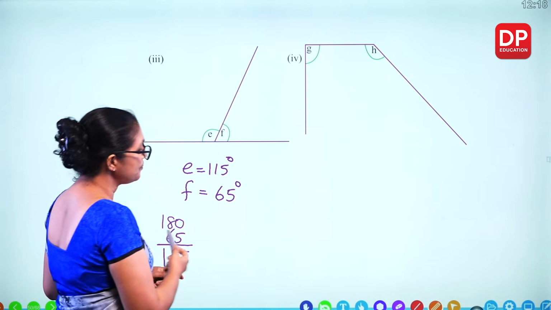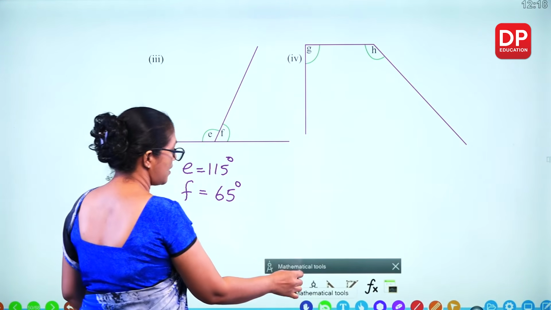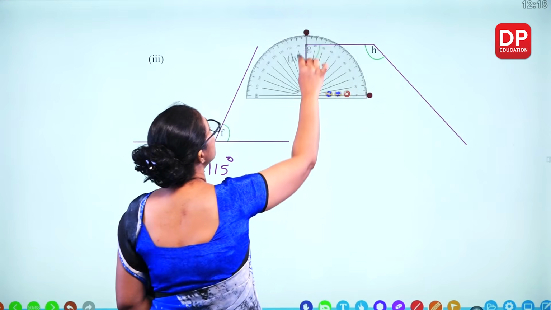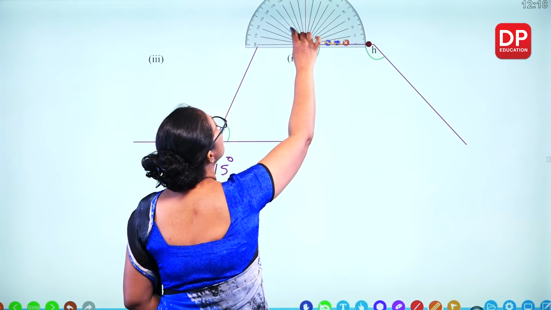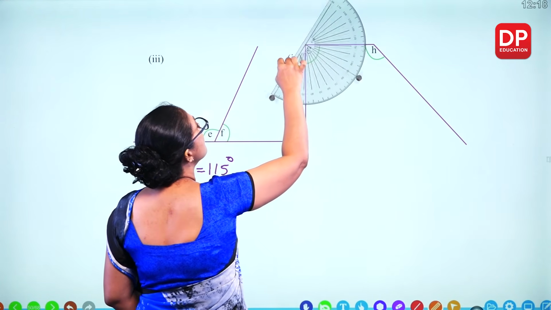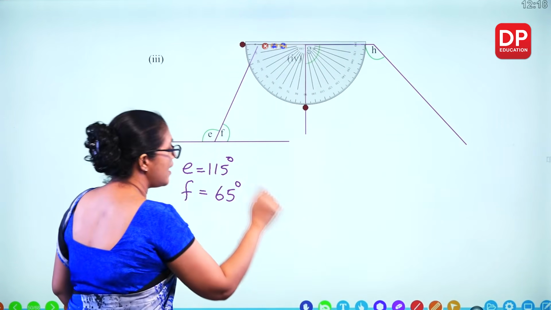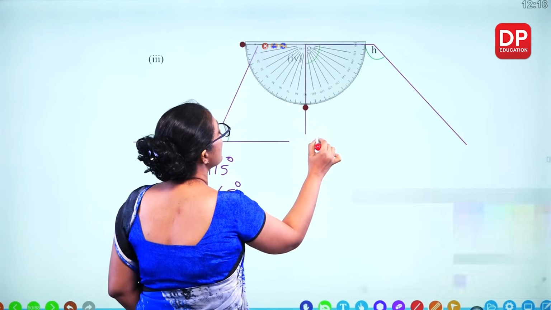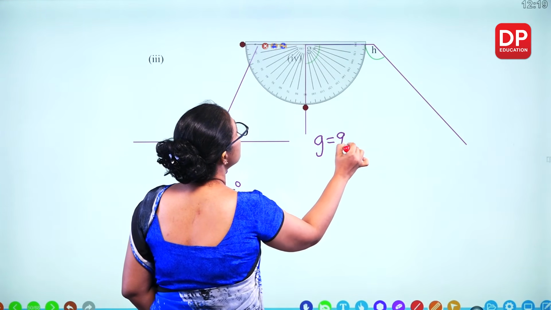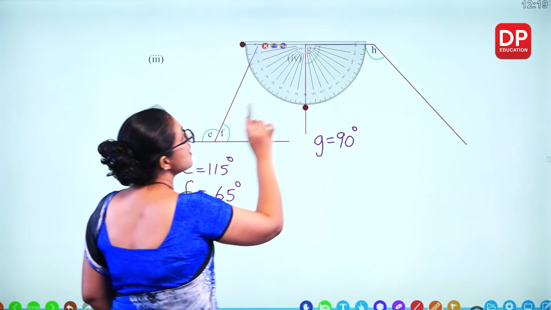G. G, I think, is a 90-degree angle. We'll see. Here, exactly 90 degrees. So I can write G is 90 degrees. What about H?